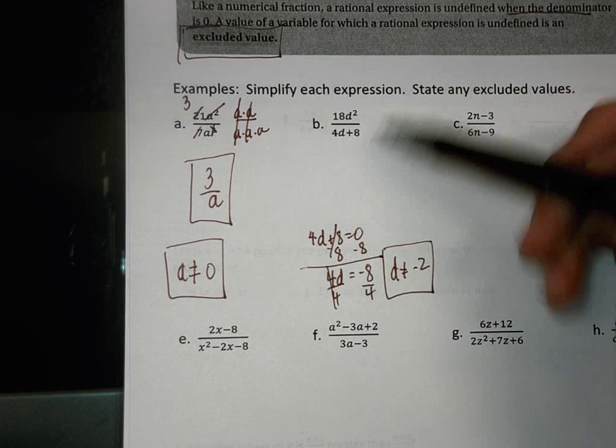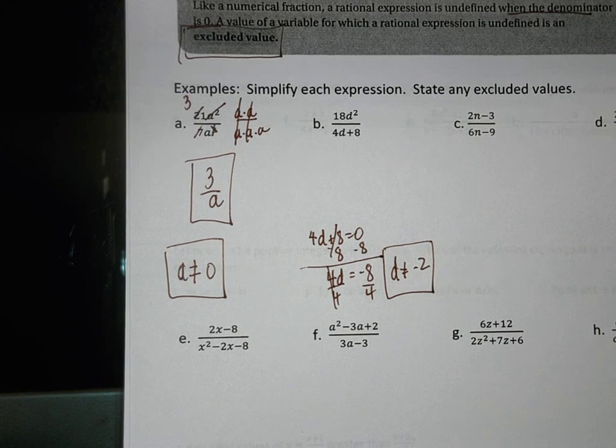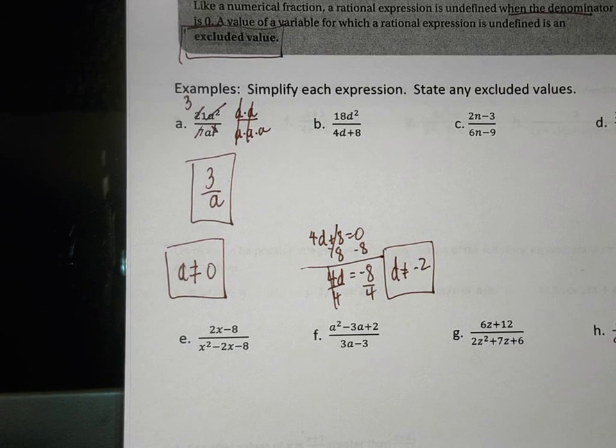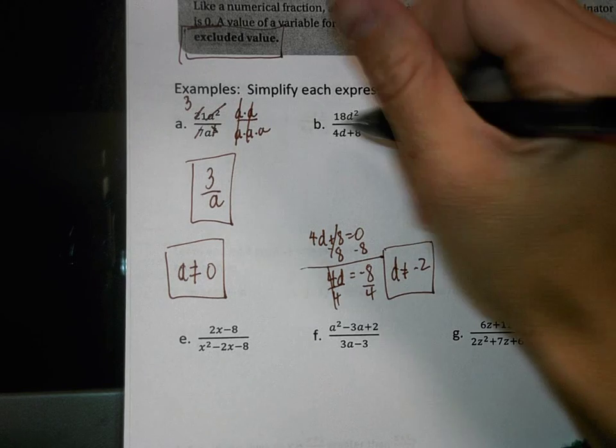Okay, at this point right here, there's nothing I can reduce, but do we notice anything that we could do in order to make things reduce? Like I said, anytime there's a plus or minus, everything has to be exactly the same in order to cancel it. But is there a GCF there or something that I could factor out on the bottom? What could I take out? Or even a 4.